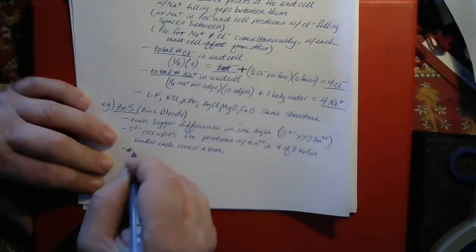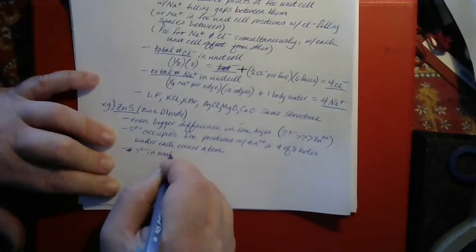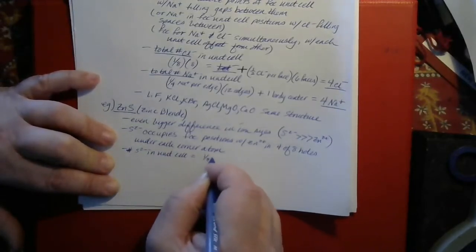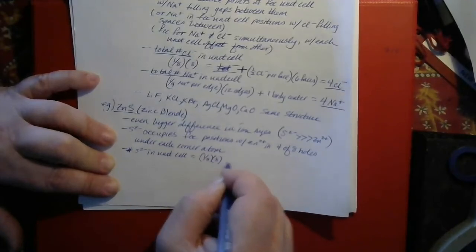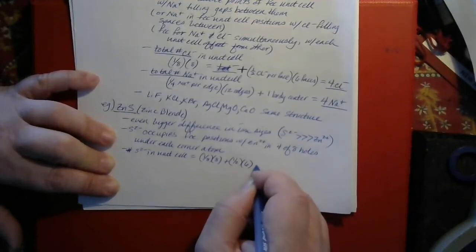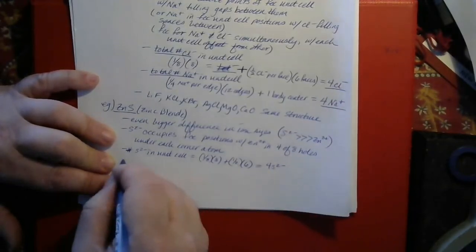If you want to look at the number of sulfide ions in the unit cell, that's going to be 1/8 times 8 plus 1/2 times 6, which is 4 sulfide ions.